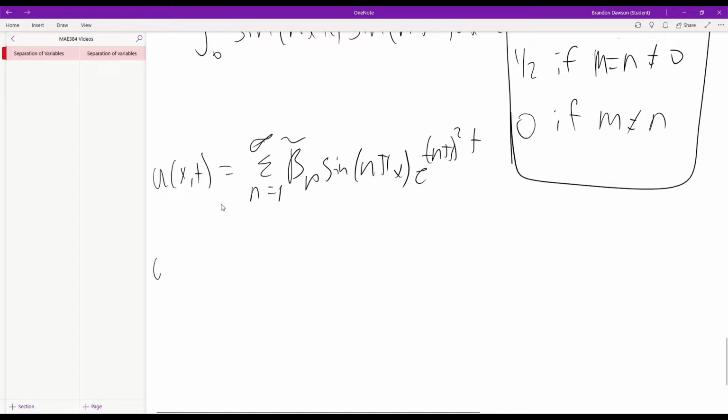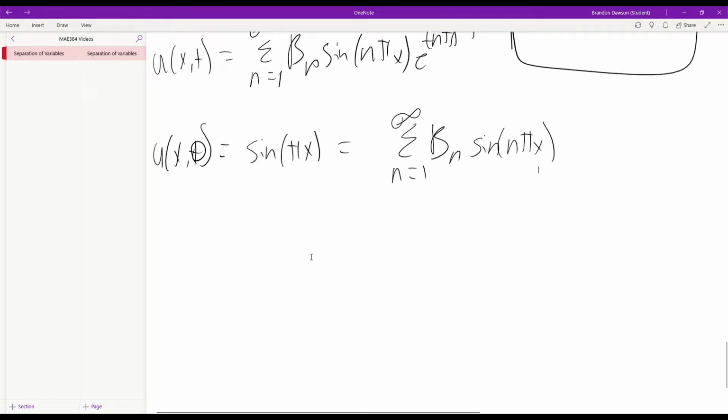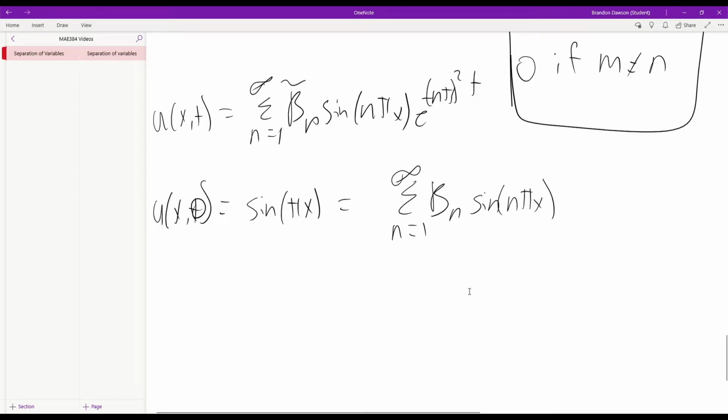So we're going to use our initial condition now, which gets rid of the e term. Now if we multiply, let's see, in order to solve this b of n term, it becomes this.